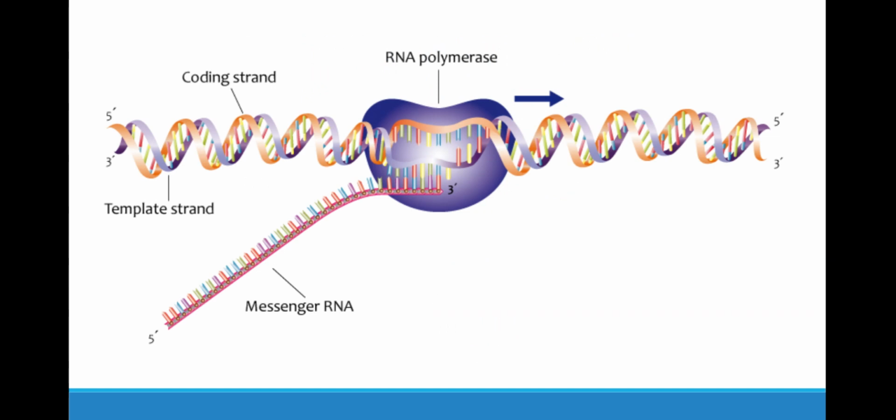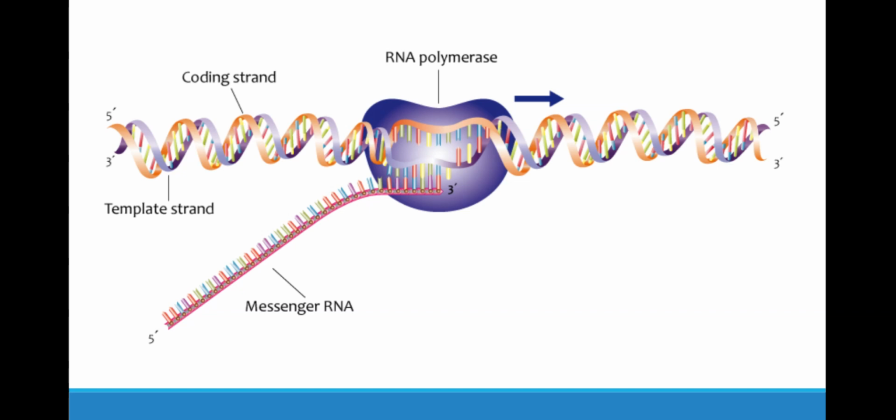Here's an image of transcription taking place. The kidney bean-shaped protein in the middle of the screen is called RNA polymerase. We can see that the RNA polymerase is reading the DNA molecule. RNA polymerase is then going to produce a strand of mRNA from that DNA molecule.